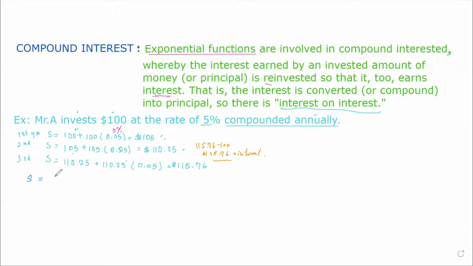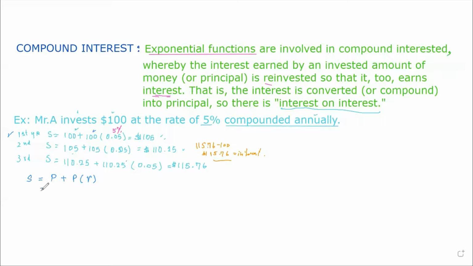So we let 100 be P, the principal, represented by the letter P, and then plus 100 here. Now we go to the first year. This 100 is P, the principal, times 0.05, meaning 5%, that is the interest, so we use the letter R.